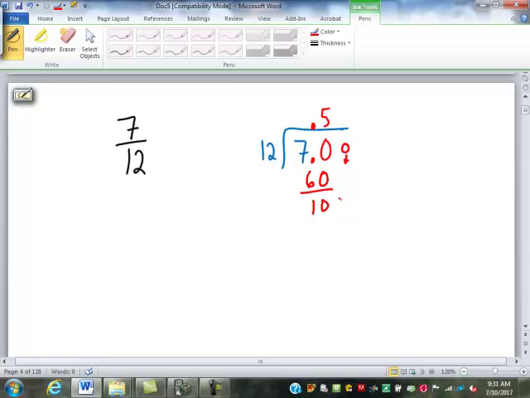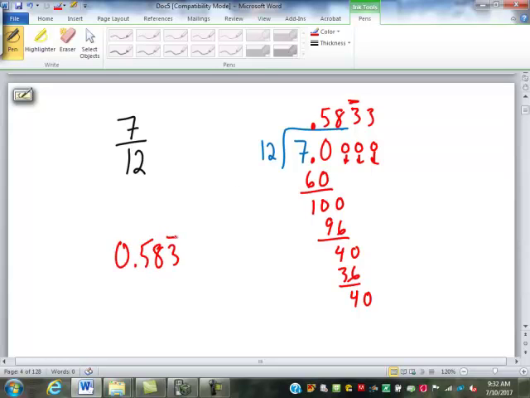The 0 and bring it down. 8 times. 96, that's going to be 4. Add a 0 and bring it down. It's going to go in there 3 times. That'll be 36. That'll be a 4. Add a 0. That's 40. There we go. That 3 is going to repeat. So 0.583 with that 3 repeating.